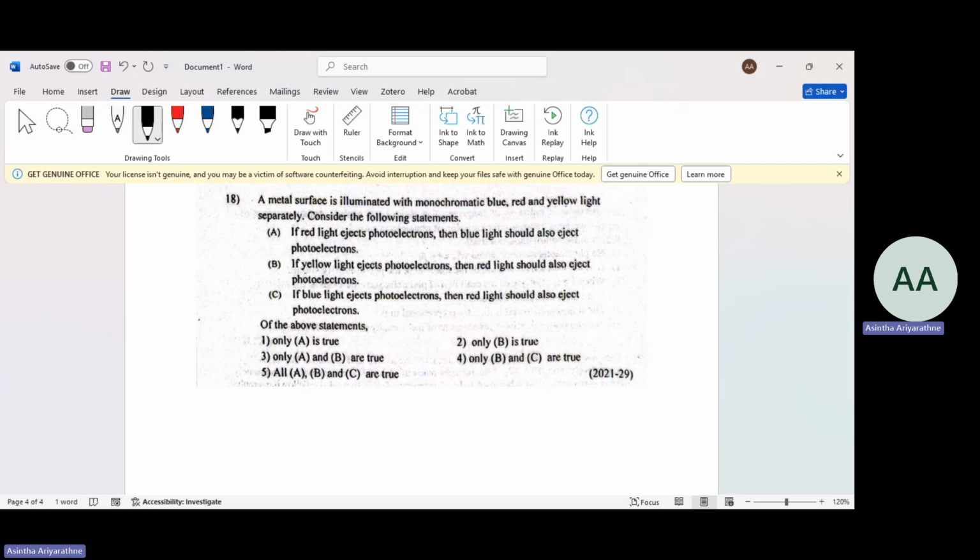A metal surface is illuminated with monochromatic blue, red, and yellow light. Consider the following statements. Lambda red is greatest, then lambda yellow, then lambda blue.